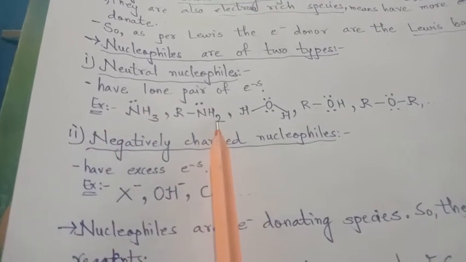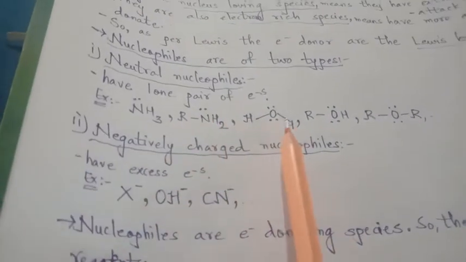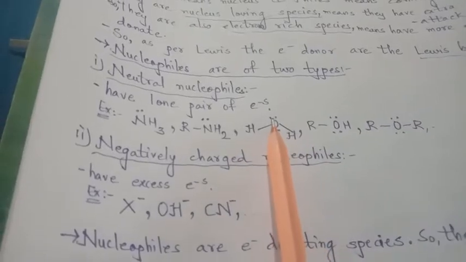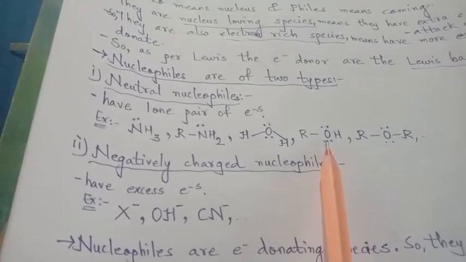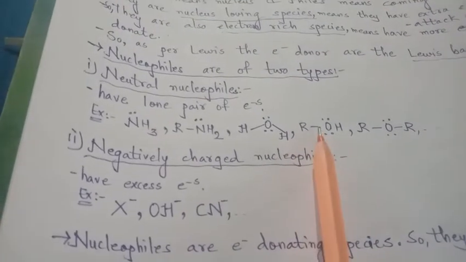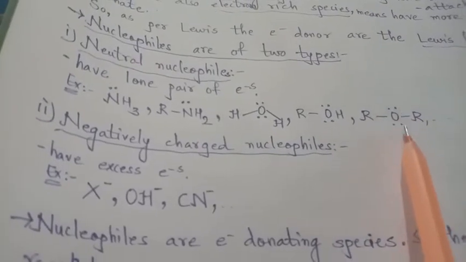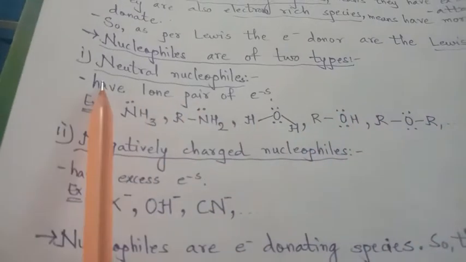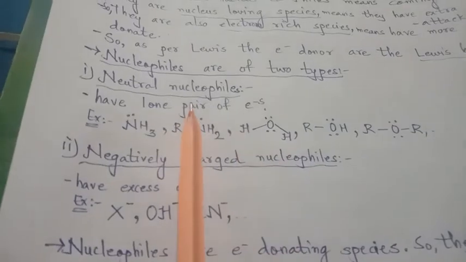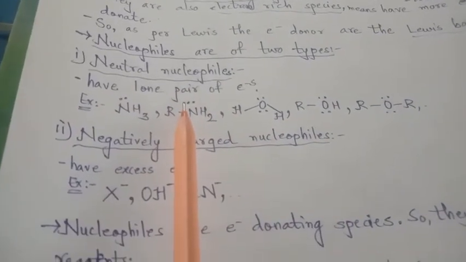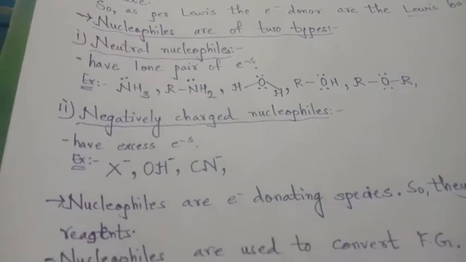This is an amine, attached to the alkyl group. It also has one lone pair. Water molecule H2O has two lone pairs. This is hydroxyl or alcohol attached with the alkyl group, having two lone pairs. Ether, this is ether, also having two lone pairs. So these are certain groups or compounds which are nucleophiles. That means they have extra electrons and they can attack the nucleus.